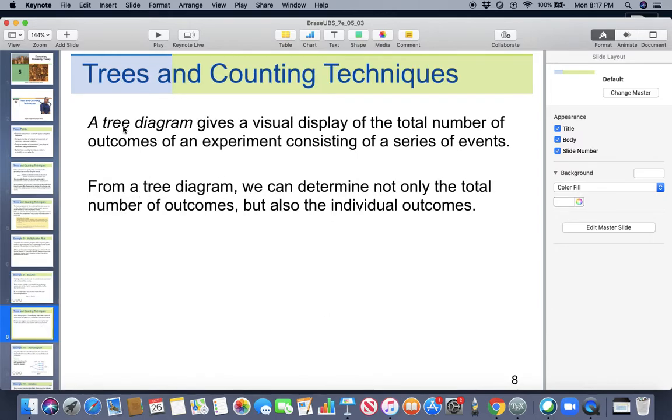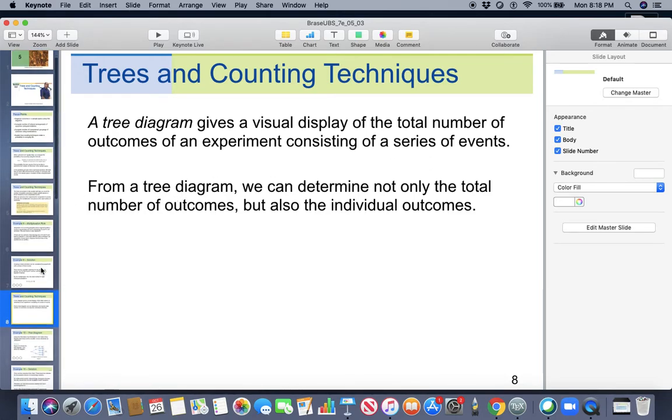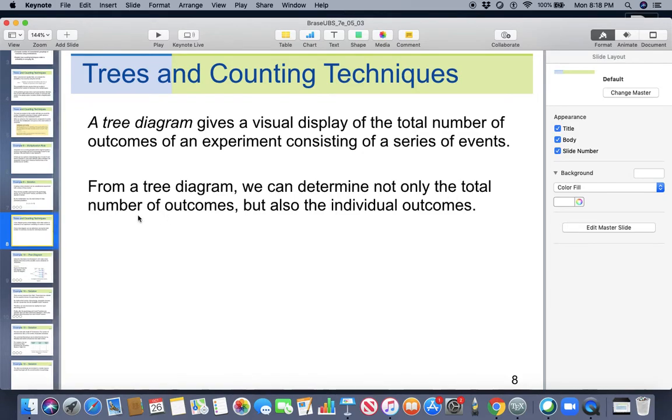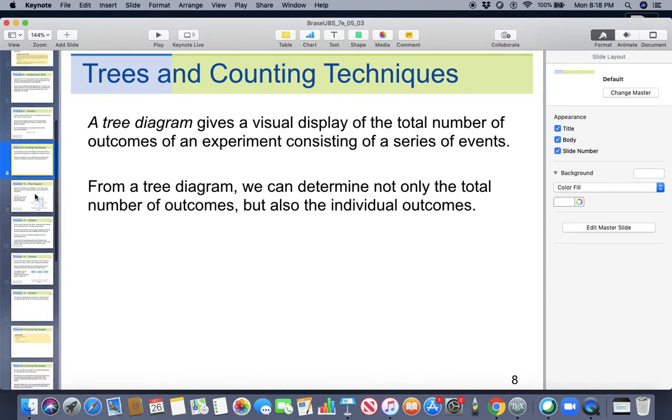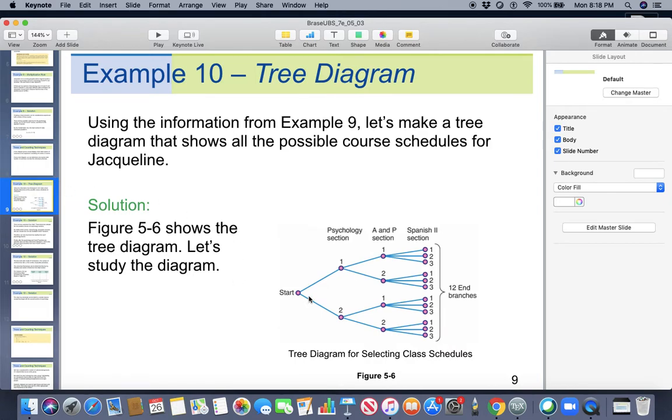A tree diagram gives a visual display of the total number of outcomes of an experiment consisting of a series of events. From a tree diagram, we can determine not only the total number of outcomes, but also the individual outcomes. For instance, here you are starting building your schedule. Psychology, you have two options, 1 and 2.